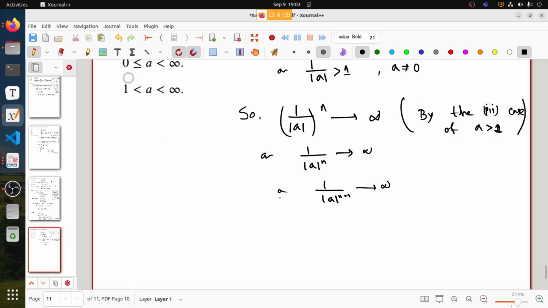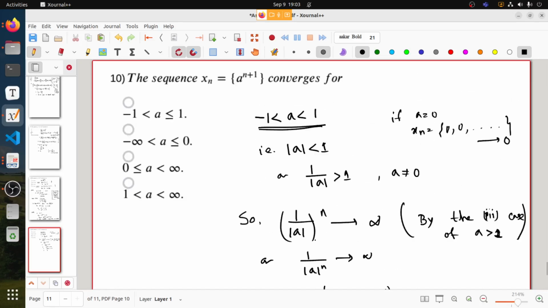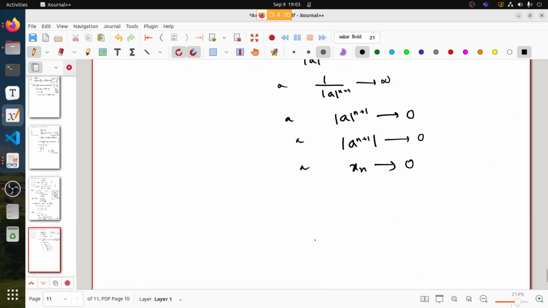If 1 by mod a to the power n plus 1 goes to infinity, it means mod a to the power n plus 1 goes to 0. So the sequence a to the power n plus 1 converges to 0. So whenever a is lying between minus 1 and 1, the sequence converges to 0.